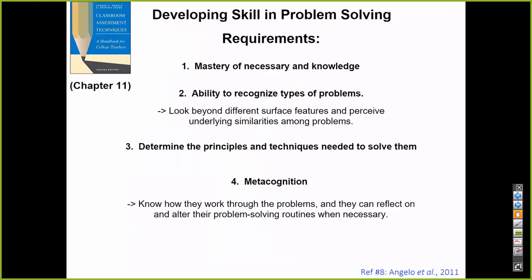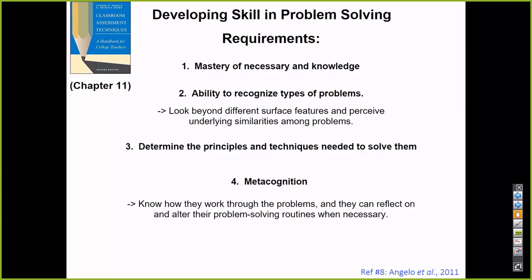So here are some of the skills that are involved in all of these classroom assessment techniques. It requires mastery of knowledge, the ability to recognize types of problems, look beyond the surface features and perceive underlying similarities amongst problems, which is what we just did. A limitation of this is just because they know what type of problem it is, it doesn't mean that they will know how to solve it, right?